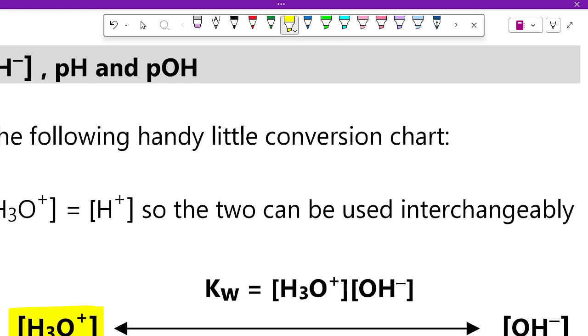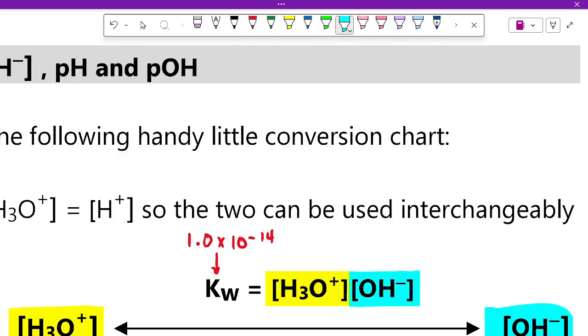If we want to go from H3O plus to hydroxide, we use Kw. And what is Kw? Kw is 1.0 times 10 to the negative 14. And that relates hydronium and hydroxide. So we can go back and forth between those two very easily using that formula.